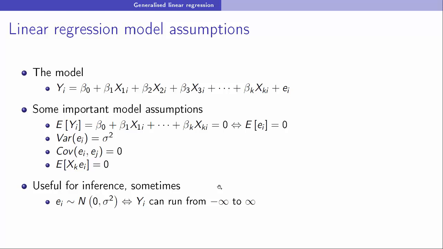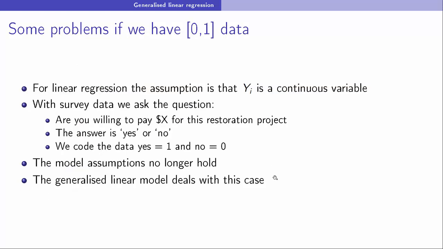Now this generally works okay for us, but we run into some problems if we have 0, 1 data. Where are we likely to come across 0, 1 data? I think it's primarily in a natural resource management context, asking what people would be willing to pay for something. So this is something where we might want to do some restoration work.